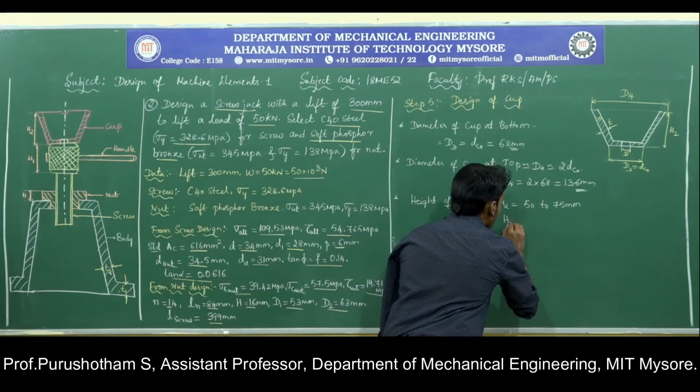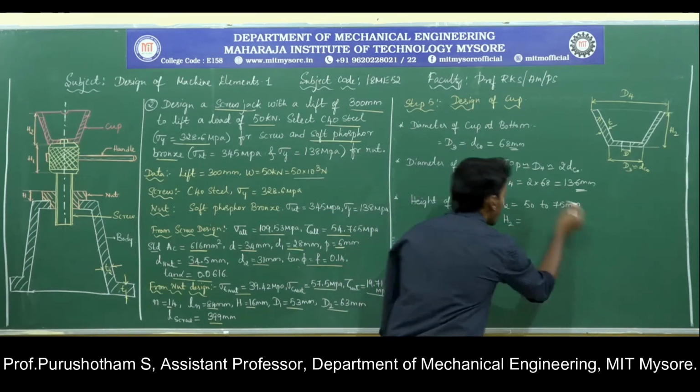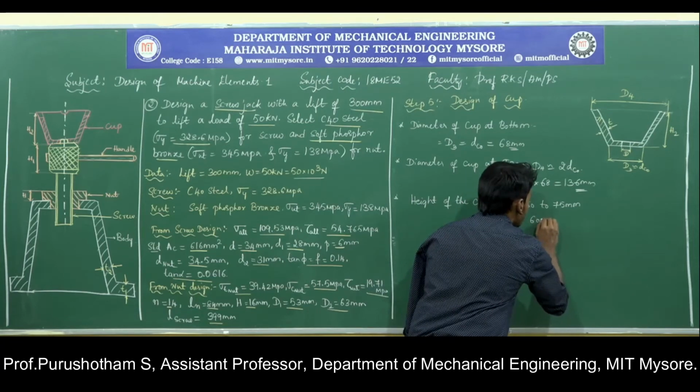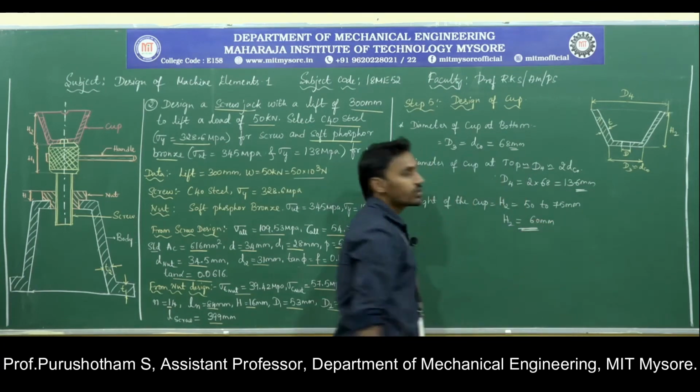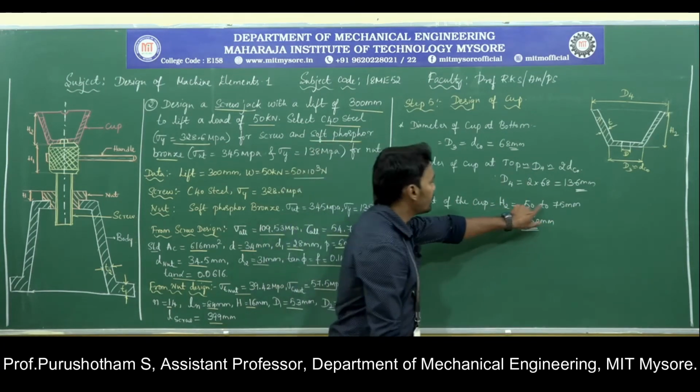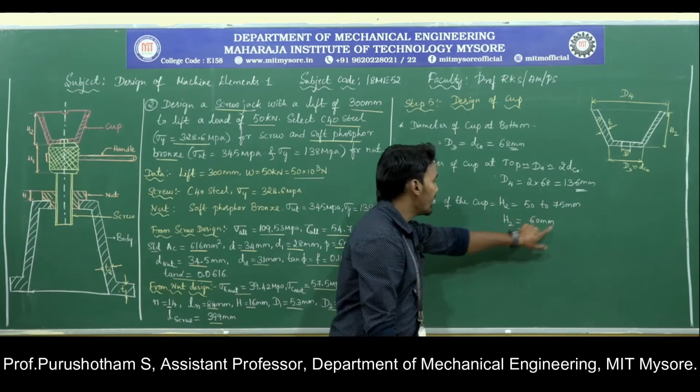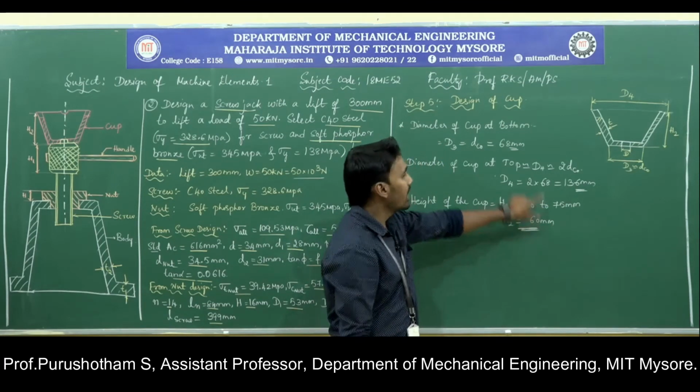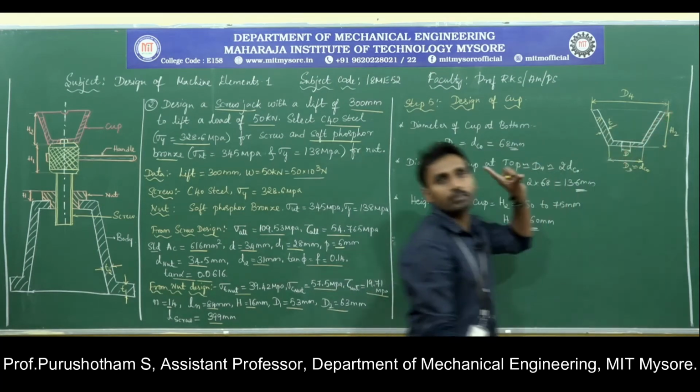So I am going to take an in-between value, something like 60 millimeter. You can take between 50 to 75 millimeter. I am taking 60 millimeter as the height of the cup.